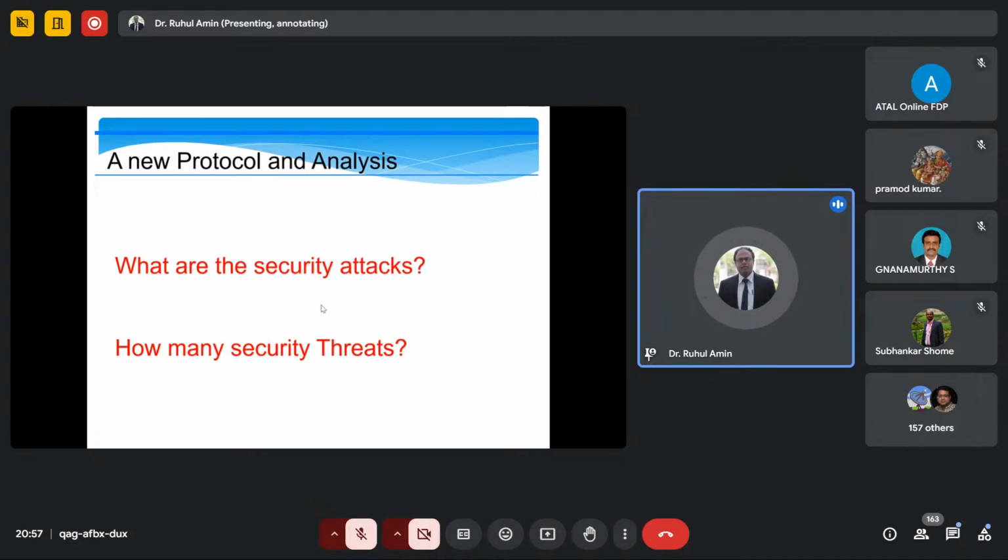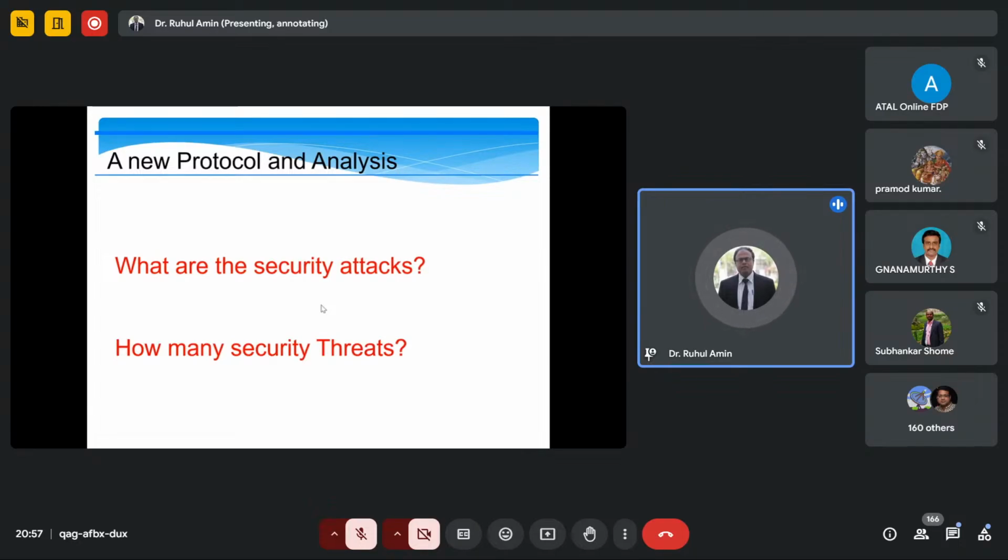For example, this paper, I have taken from some research article, and this is a very old paper. Just for understanding purposes, I have added that some security attacks are there. But if you are going through some other paper, maybe finding attacks will be very difficult, right? So these are the things that we have to consider, how many security attacks are there.